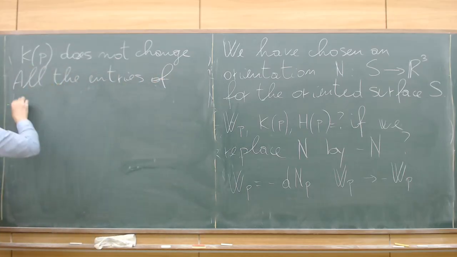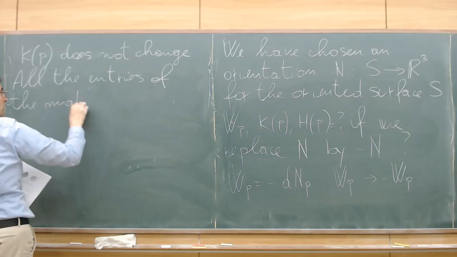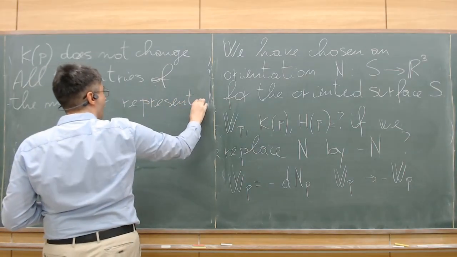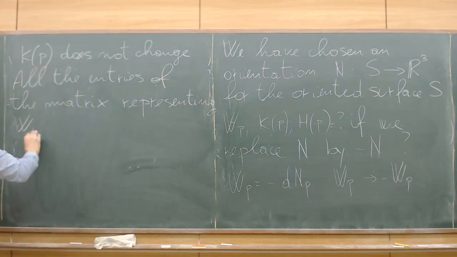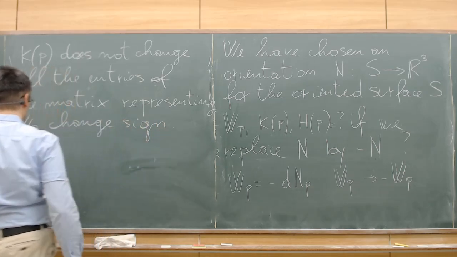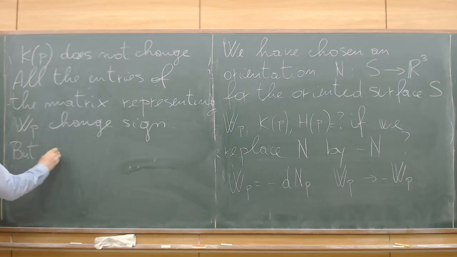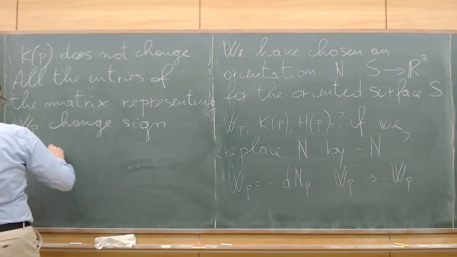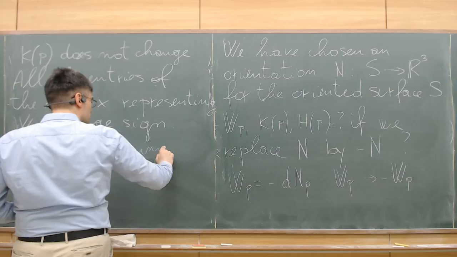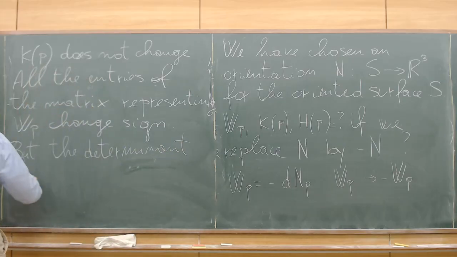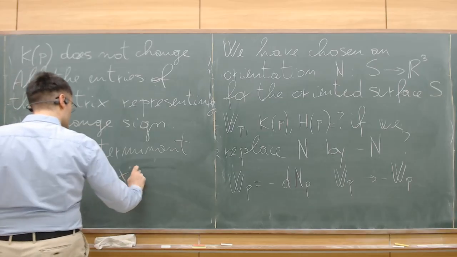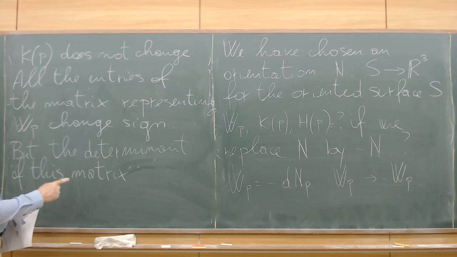of the matrix representing WP change sign, but the determinant of this matrix does not change because the matrix is a square matrix of order 2.